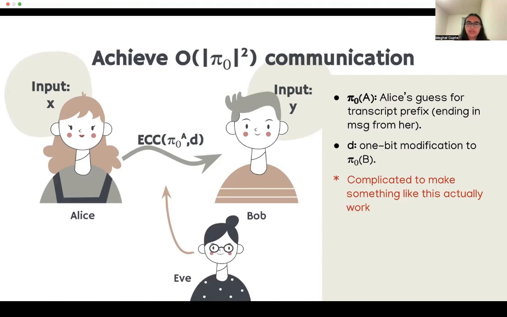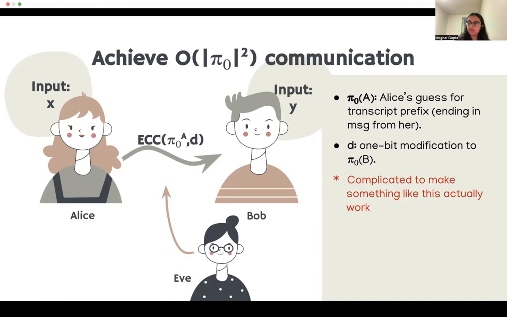So the instructions are going to look kind of the same, but now pi naught A is going to be Alice's guess for the transcript of the noiseless protocol. So it's going to be her guess for what the final transcript looks like in the computation of pi naught, where pi naught is the noiseless protocol computing f of x comma y.